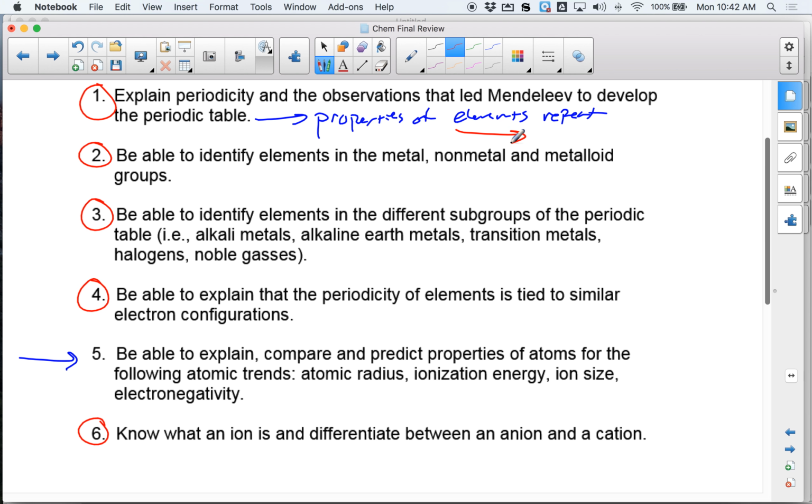Why do fluorine, chlorine, and bromine have similar properties? They have the same amount of valence electrons, and that's the point. So the whole setup of the periodic table, even though Mendeleev didn't do it on purpose that way, because it's related to the properties, is based on the number of valence electrons.